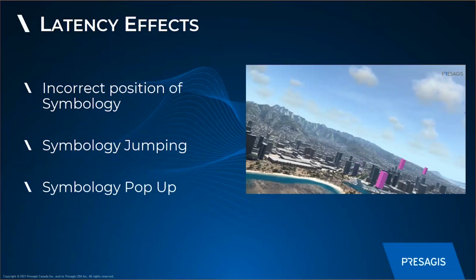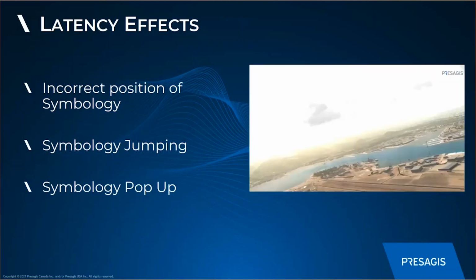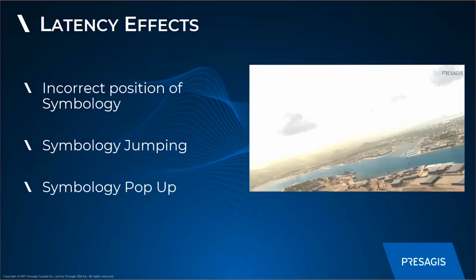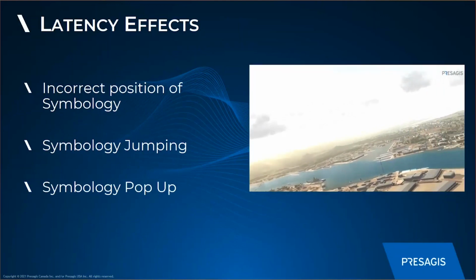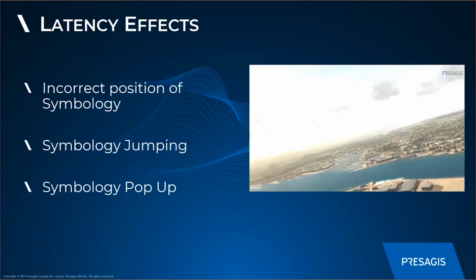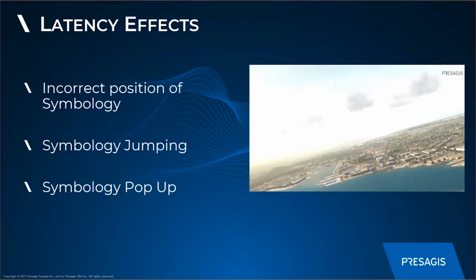The other problem is that if you can't process the information and present it at the right time, you can come up with the scenario where your symbology pops up very, very late when it's no longer relevant. As I'm panning around, all of a sudden the symbology pops up, and it was a marker on the left-hand side. I'm almost past it.